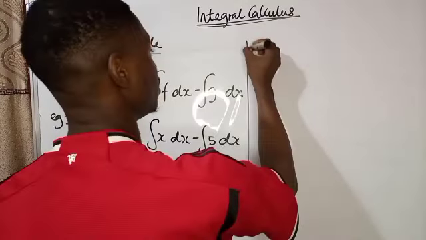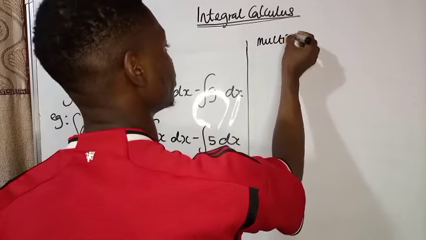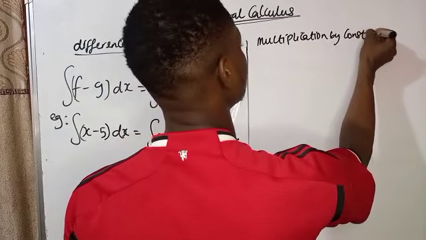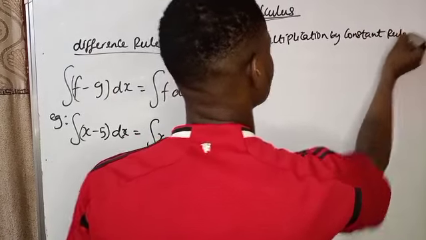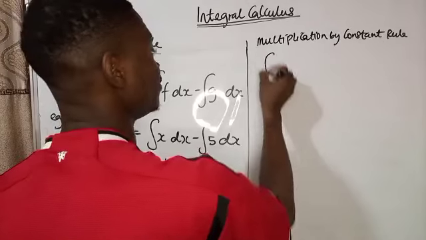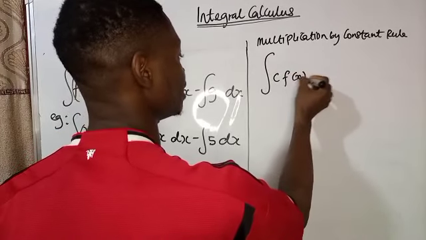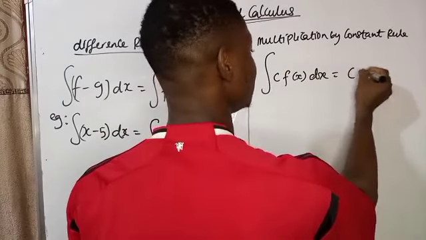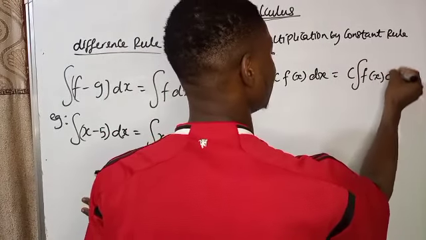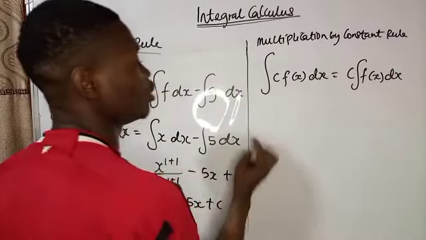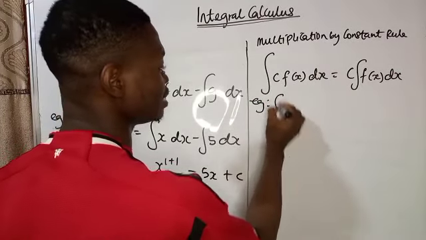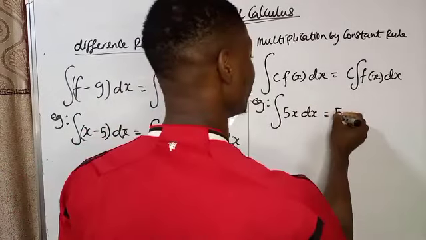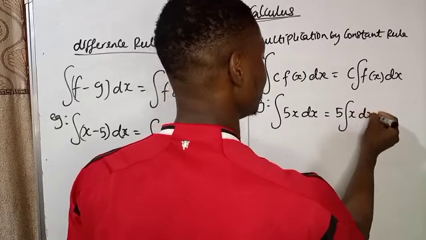Another rule is the multiplication by constant rule. If you have the integral of c f(x) dx, this constant will come out: we have c times the integral of f(x) dx. For example, the integral of 5x dx is equal to 5 times the integral of x dx.